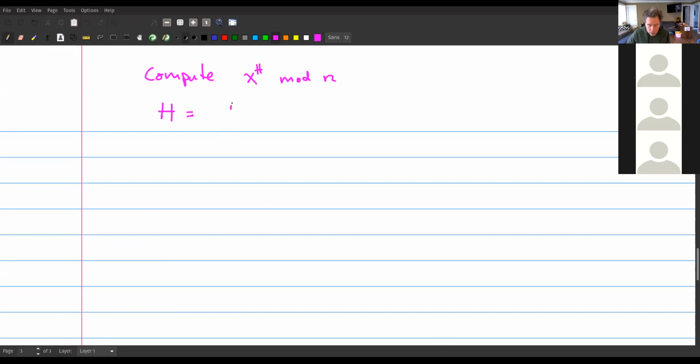So we say h is the sum, as i goes from 0 to t, of h_i times 2 to the i, and each h_i is in {0, 1}. These h_i are just the binary digits of the exponent.